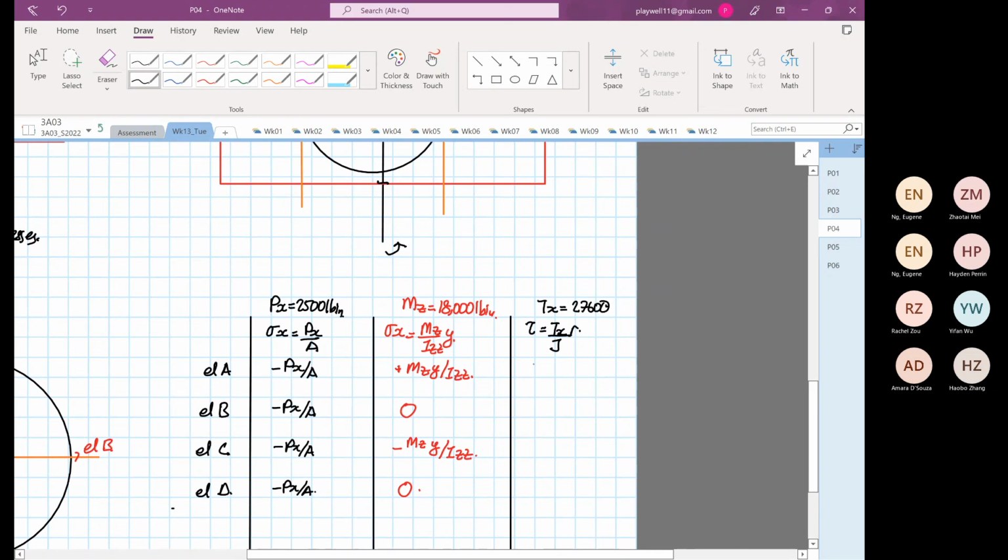So all of them have Tx R over J as a constant, because all of them are at the radius of the shaft.